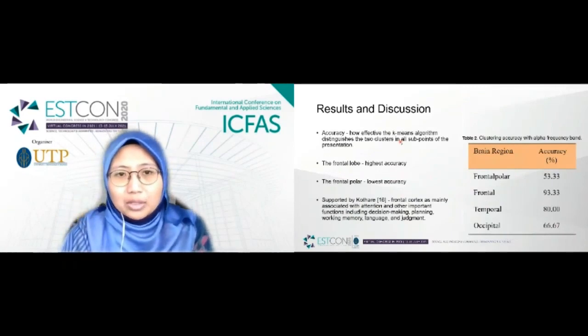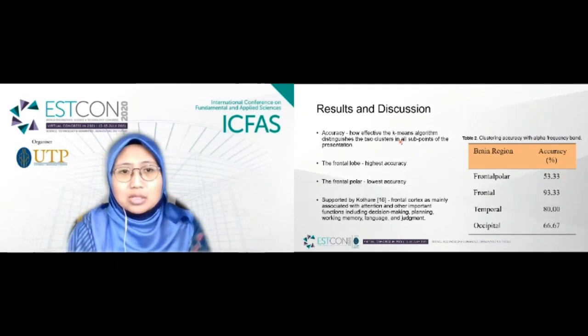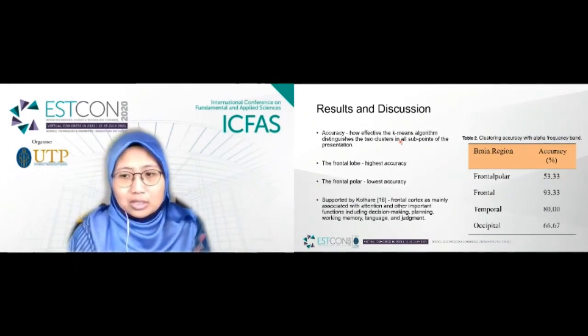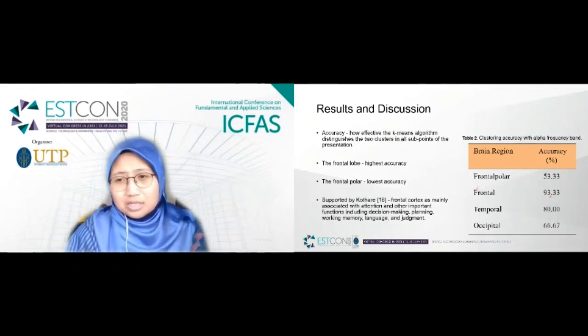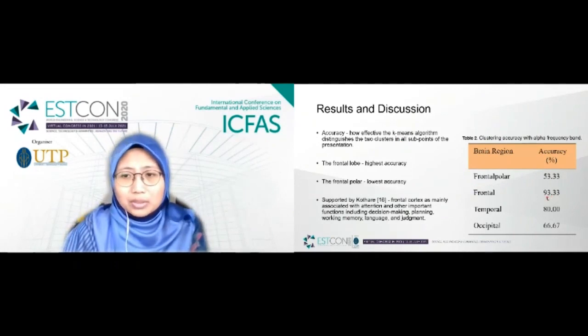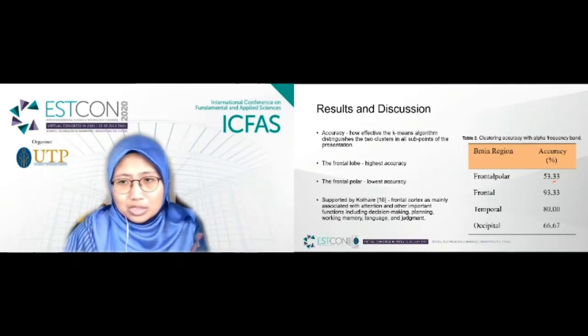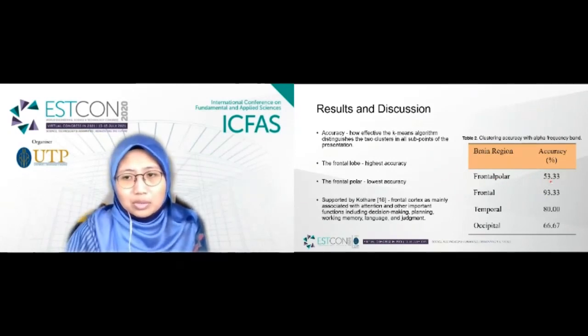So we compared the accuracy of K-means across different brain regions. The accuracy was calculated on how effectively the K-means algorithm distinguishes the two clusters in all subpoints of the presentation. Referring to table 2, the frontal lobe shows the highest accuracy with 93.33%, while the frontal polar shows the lowest accuracy with only 53.33%.